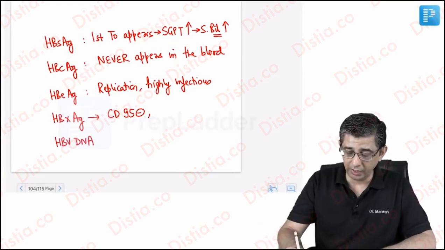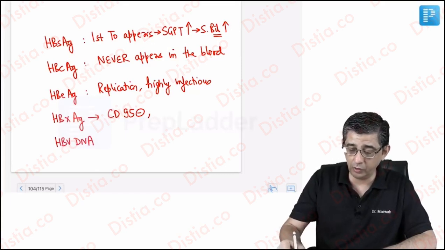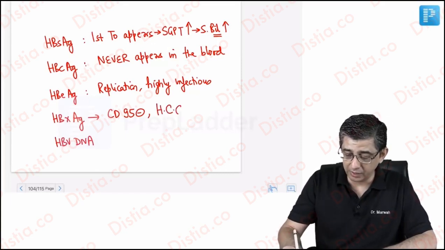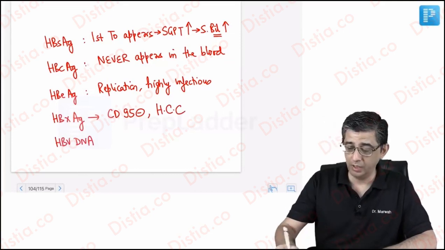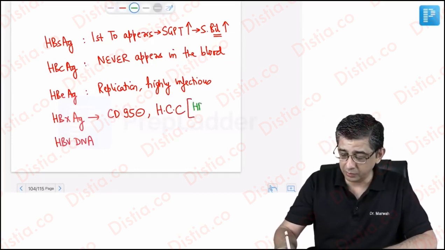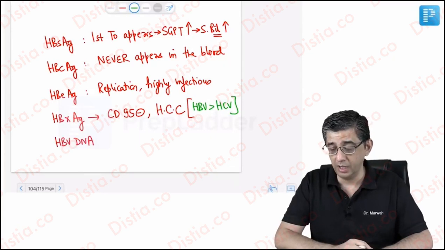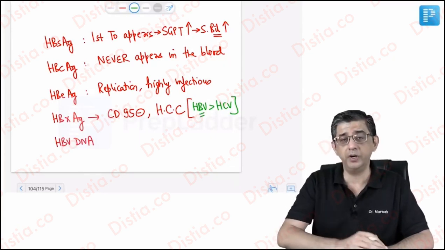So studies have shown that X antigen plays an important role, by inhibiting apoptosis, in the development of a primary liver cancer, that is hepatocellular carcinoma. Again, I'm highlighting something which some people will call a controversy, but I have documentation from Harrison which says that the majority of cases of hepatitis B are responsible for development of liver cancer.